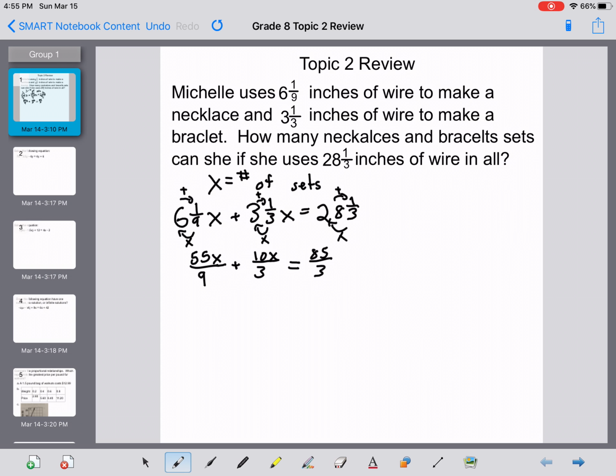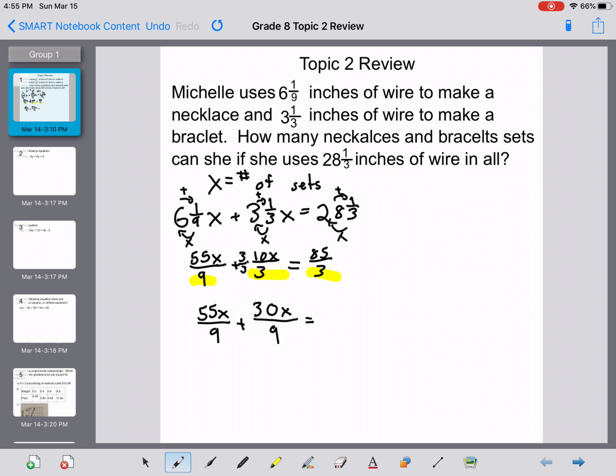Now I need all of my denominators to be the same. So my denominators are 9, 3, and 3. The number I can turn all of them into is a 9. I can keep this 55x over 9. 10x over 3, I can multiply by 3 over 3. 10x times 3 is 30x. 3 times 3 is 9.